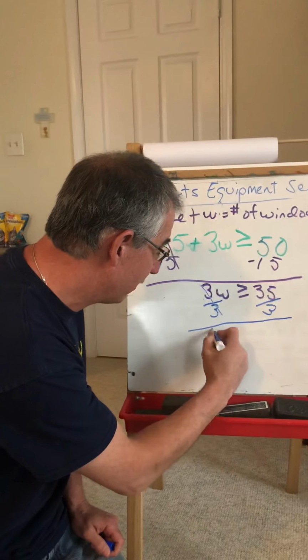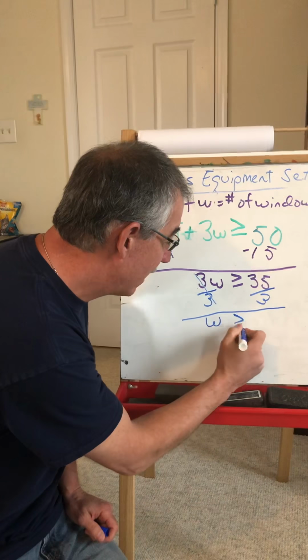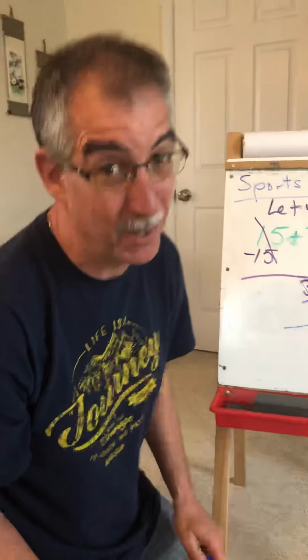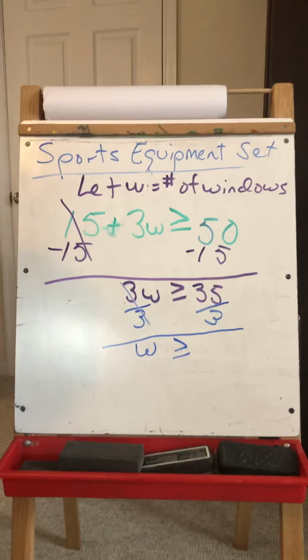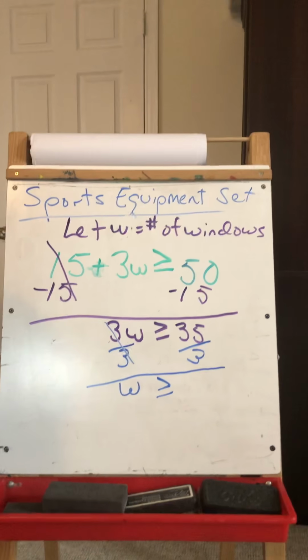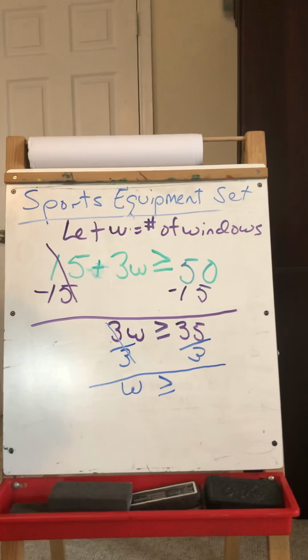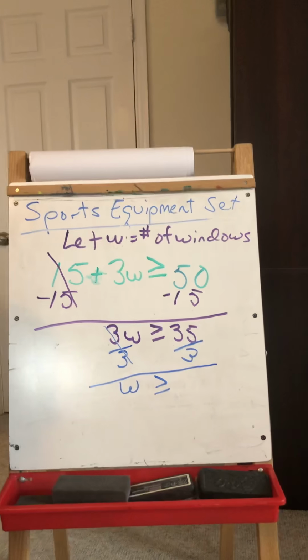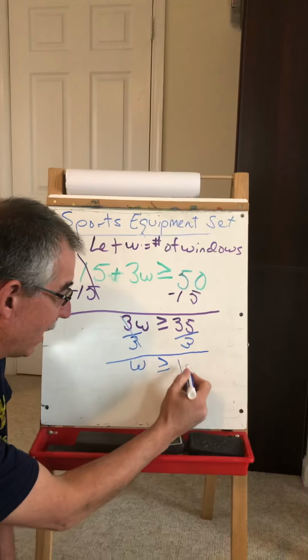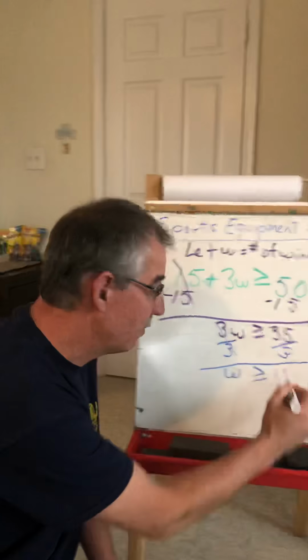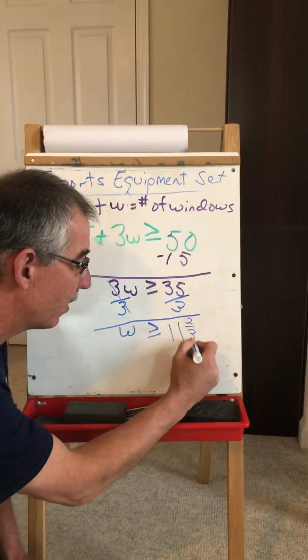Bring down my W. W is greater than or equal to, now we've got to do a little math. This looks a little challenging. 35 divided by 3. So what is that? Well, let's see. 3 times 10 is 30. 3 times 11 is 33. 3 times 12 is 36. So it looks like it's going to be an 11, right? 11 times 3 is 33 with a 2/3 remainder.